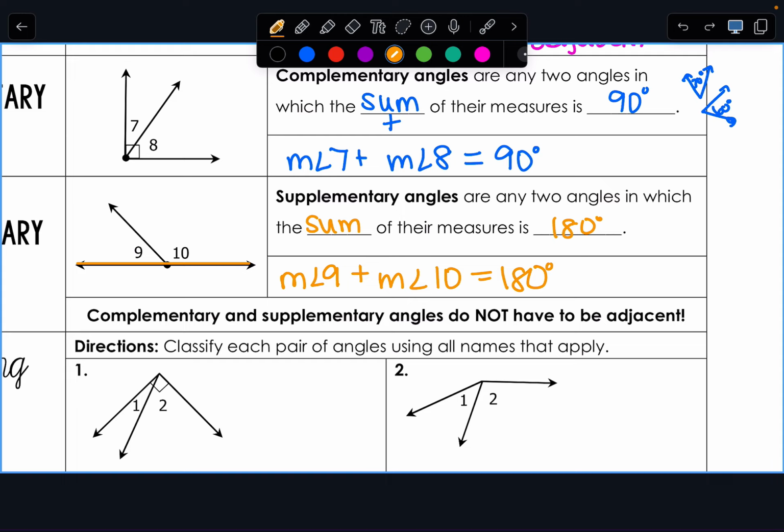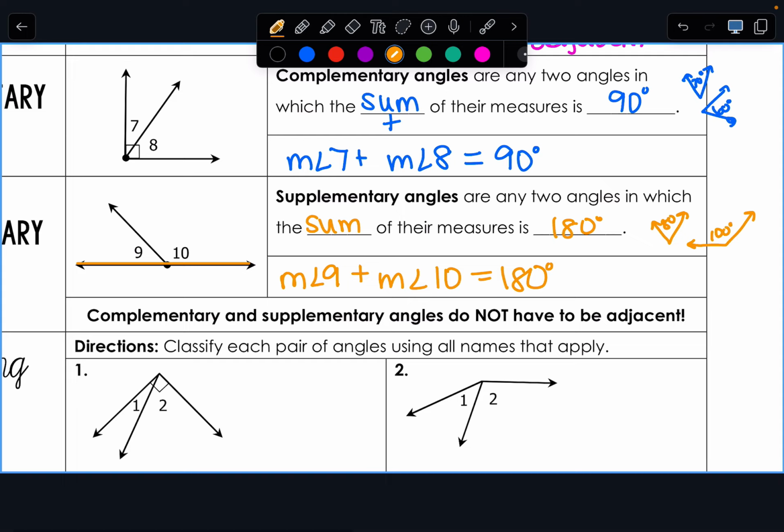Now, in this picture, angles 9 and 10 are also adjacent. See, you got it. But they don't always have to be. I could have an 80-degree angle, and then a 100-degree angle, and I could say, oh, hey, these two are supplementary because they add to 180.